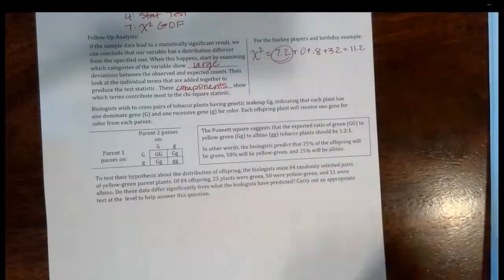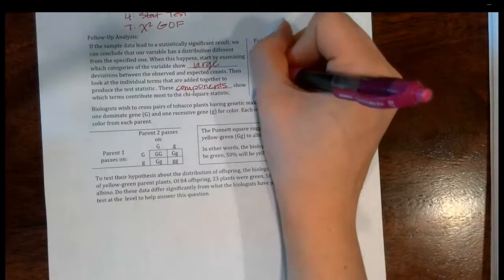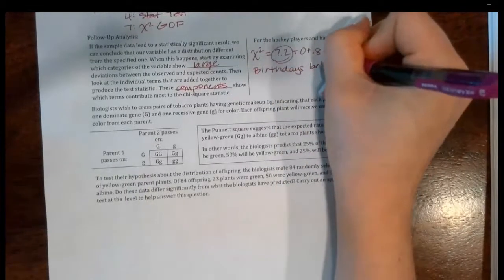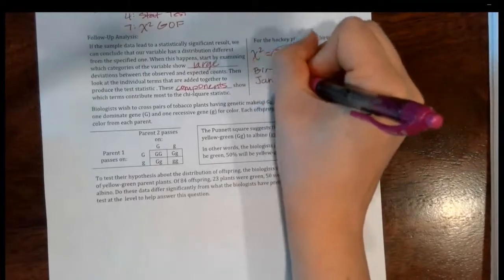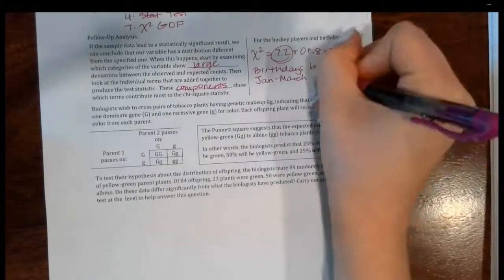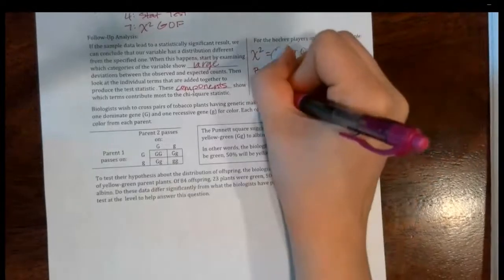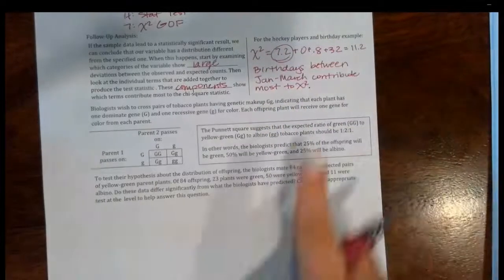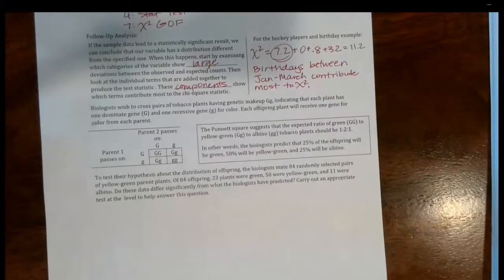And so this 7.2 here, this is birthdays between January and March, contribute most to chi-squared. And so this is the one that caused the greatest amount of change, and so that was the farthest one off.